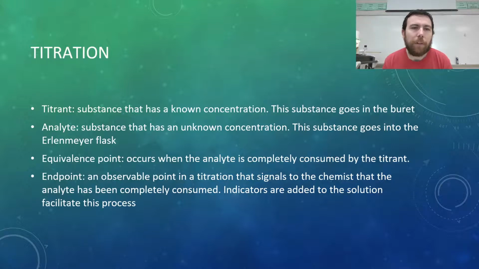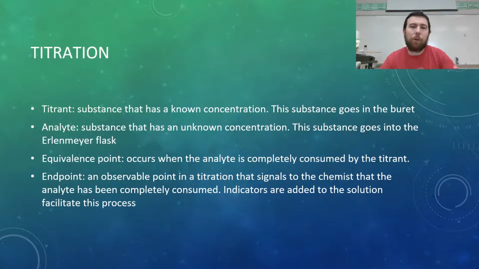And what we tend to find is that tends to be slightly above or slightly below the equivalence point for a given process, right? And so indicators such as phenolphthalein can be used to help facilitate this process so that chemists can know, hey, I've reached the endpoint, or I've at least gotten to or have passed my equivalence point in this particular process.